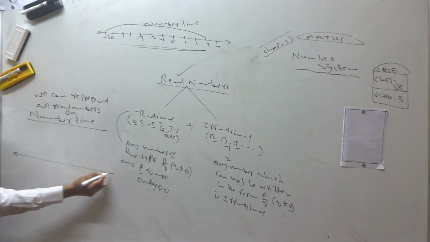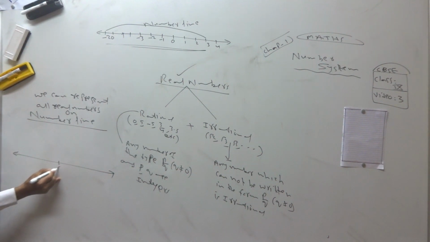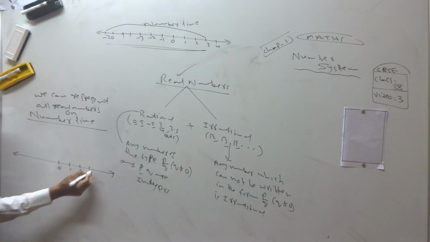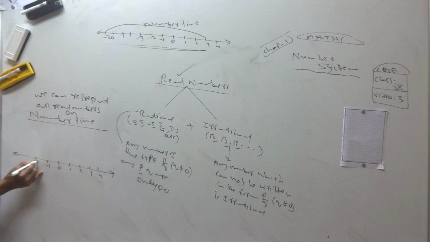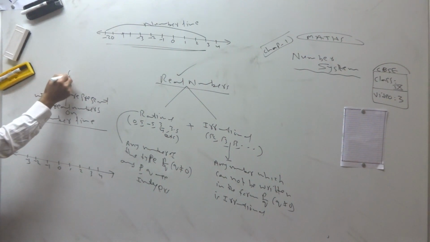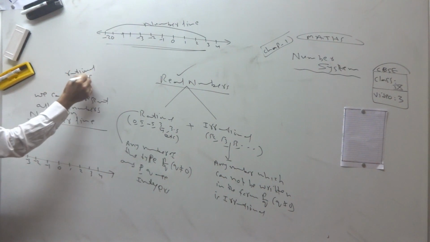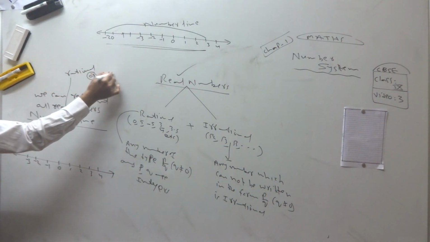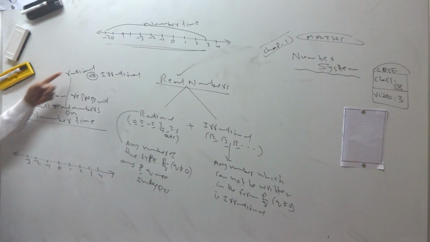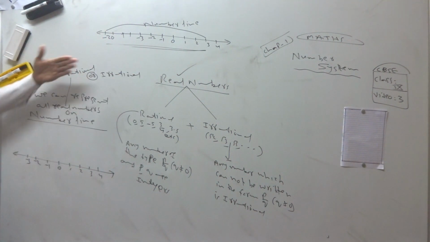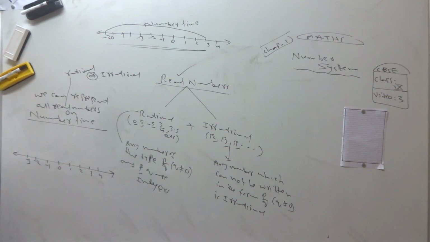This is simply the number line: 0, 1, 2, 3, 4, minus 1, minus 2, minus 3. We can represent all real numbers. Real numbers means rational and irrational together. All rational numbers you can represent on this, and all irrational numbers you can represent on this.